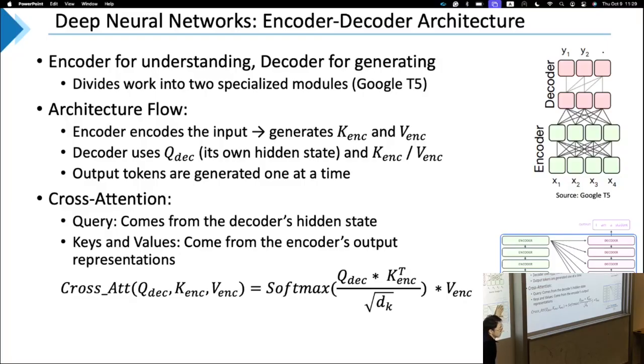And we do this cross-attention, and the computation is shown in this formula. As you can see, this is very similar to the computation of self-attention we introduced before. The only difference is that the key and value vectors are coming from the encoder.